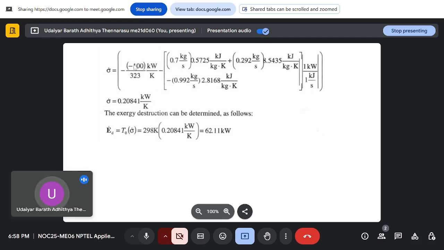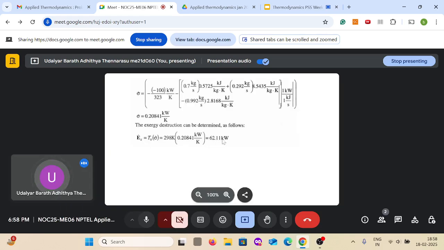So here Q is negative because it is getting rejected, so minus minus will get plus, so 100 by 323 minus my inlet and exit entropies, so it will give me entropy generated as 0.20841 kilowatt per Kelvin. So now the exergy destruction becomes T naught times sigma, which is 298 into 0.20841, so comes out to be 62.11 kilowatt.